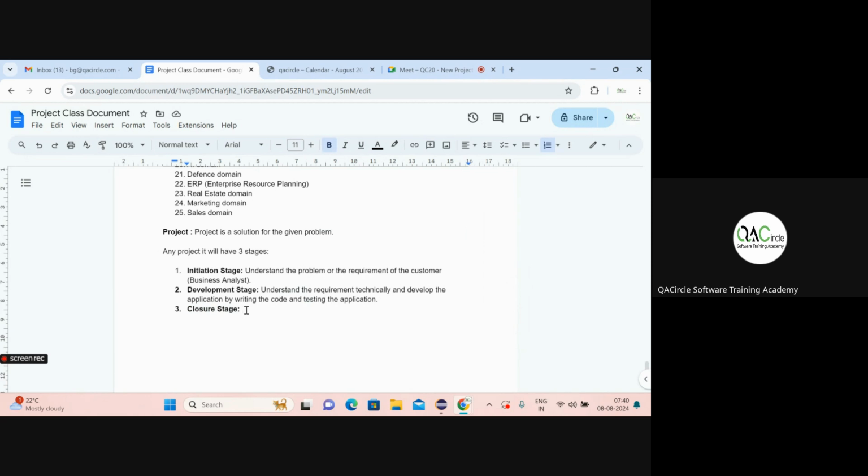Once we submit it to the customer, it is not the end of it. We will have something called the maintenance stage. But in that maintenance stage, there won't be many engineers involved. Only a few engineers are sufficient. Why? Because the project is stable, and the customer is able to use the application to run his business and it is working smoothly.